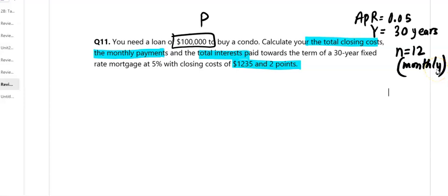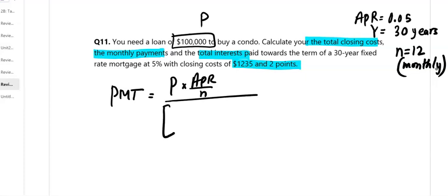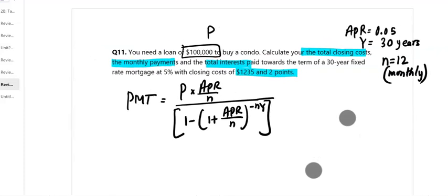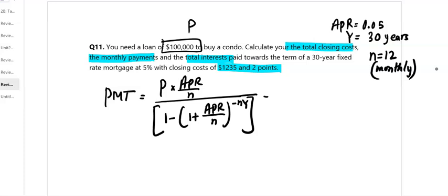So there's a formula for the monthly payment first. The PMT formula is this: P times APR divided by N, divided by the bracket 1 minus (1 plus APR over N) to the power negative N times Y, close the bracket. Again, this formula is provided for you in the test; use it properly.